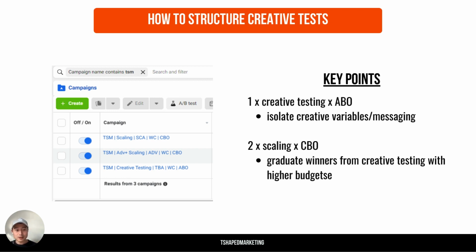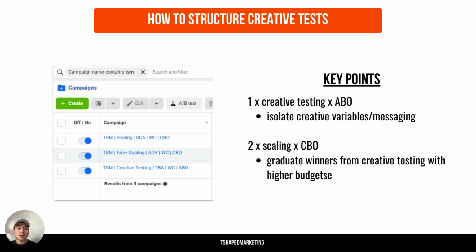The reason I go with creative testing ABO is I want to isolate the spend. I want to isolate the creative variables and messaging. I want each ad set to get enough impressions, enough data for me to graduate them into a scaling campaign. If you go with CBO, again, there's nothing wrong with that, but Facebook will allocate an uneven spend, right?